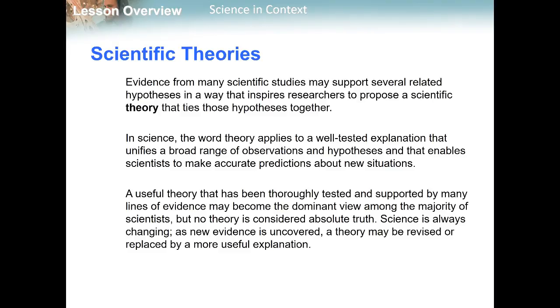One of the biggest things, and I want you to know this, is that the word theory applies to a well-tested explanation that unifies a broad range of observations and hypotheses and enables scientists to make accurate predictions about new situations. But one of the biggest things is that a theory must be able to be proven wrong in order for it to be valid.